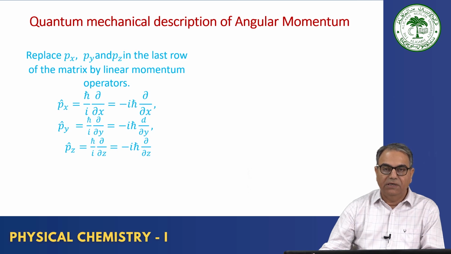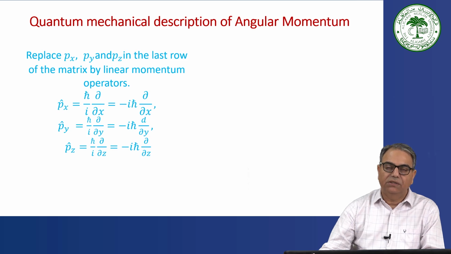What is the linear momentum operator? For Px, you write h cross by i d/dx or minus i h cross d/dx, it's the same thing, both are the same. Then for Py you write h cross by i d/dy or minus i h cross d/dy, and for Pz you write h cross by i d/dz, which is equal to minus i h cross d/dz.